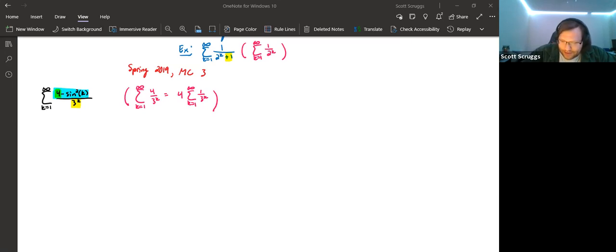And 99% of the time, if you have a trig function, like I do with this sine squared, I want to use a direct comparison test. Because with trig functions like this, I can't get an inequality from that.